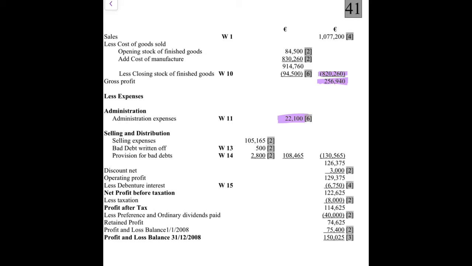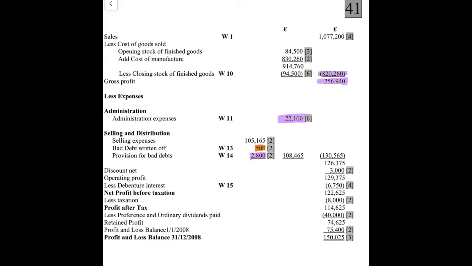Then we've got our bad debt written off. Your bad debt written off is the bad debt you'll never actually see. We'll never see that 500 euro. Then you've got your provision, and that's coming from the very last working. It's the increase in the provision of 2,800 euro. And they're two different things. This 500 euro is a bad debt. It's after happening.